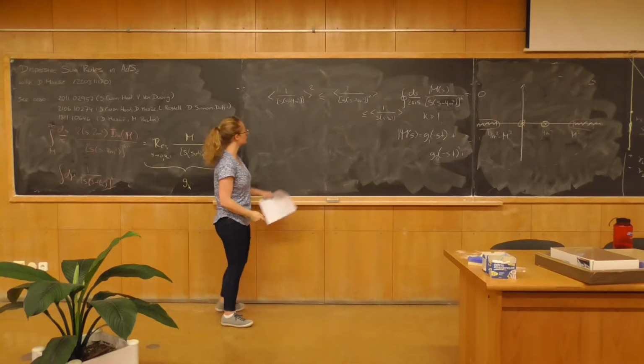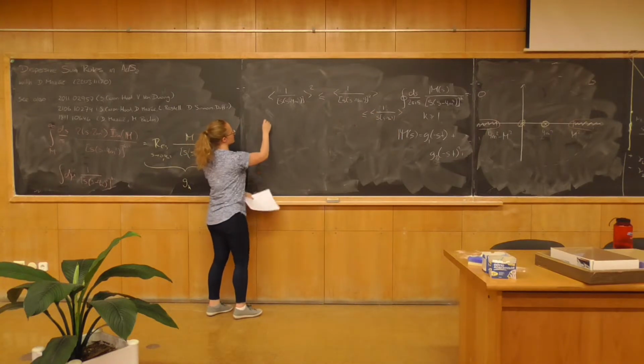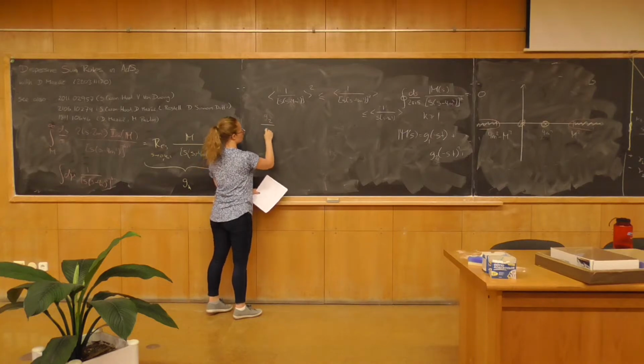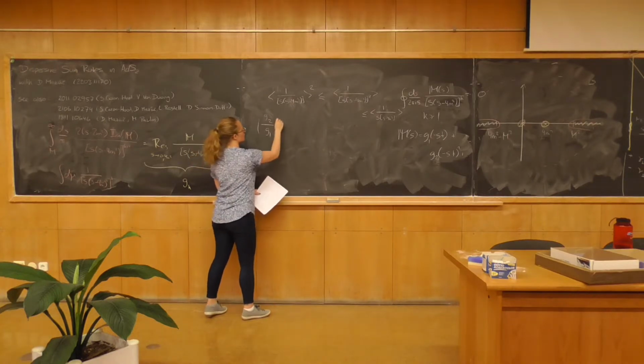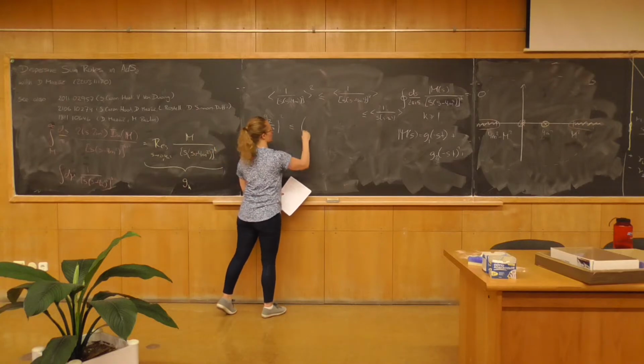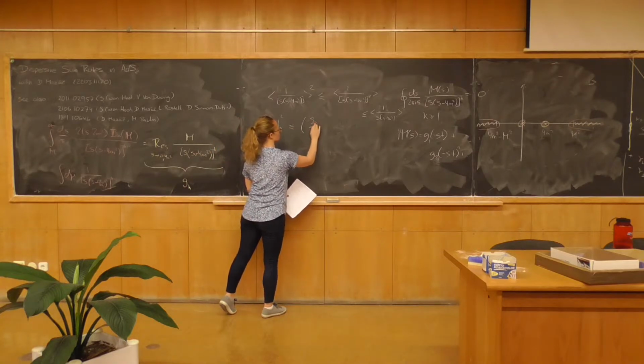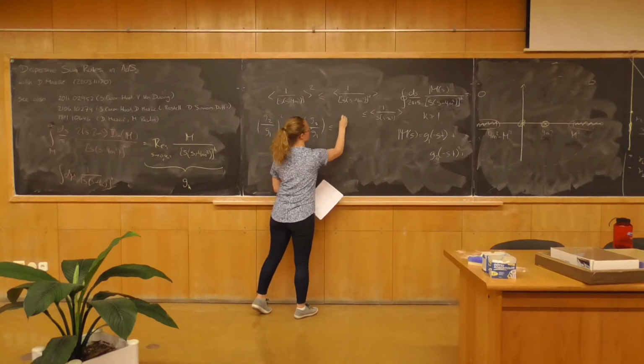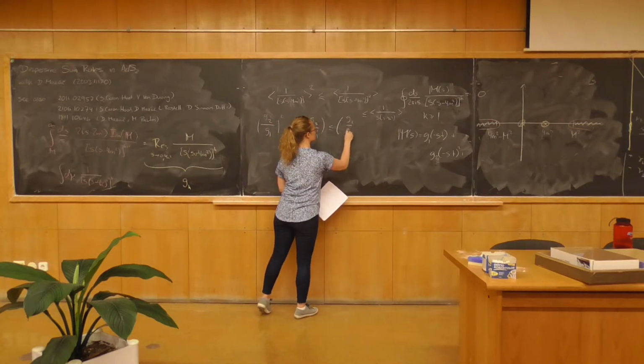So this would be the first one, and I'll just tell you that basically g2 over g1 squared is smaller than or equal to g3 over g1, which is smaller than or equal to g2 over g1.